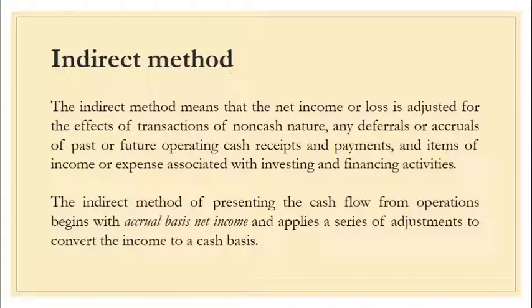So, the indirect method of presenting the cash flows from operations begins with the accrual basis of net income and applies a series of adjustments to convert the income to a cash basis. So, that is why, as I mentioned a while ago, your statement of cash flows is like a conversion from your accrual to cash basis of accounting.